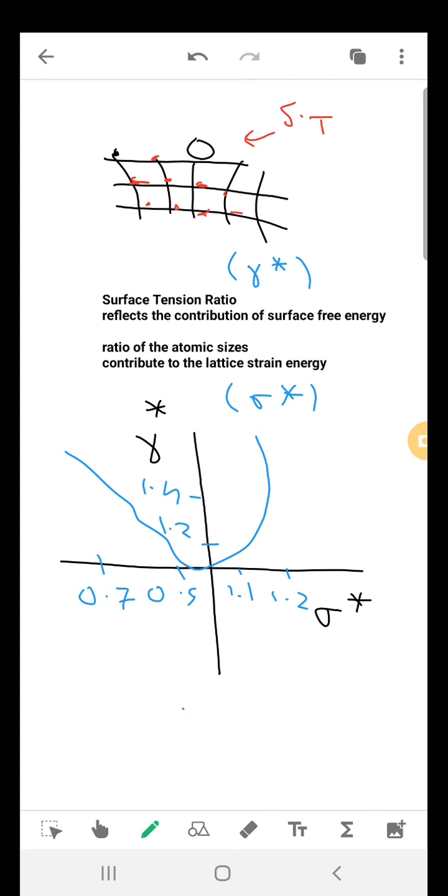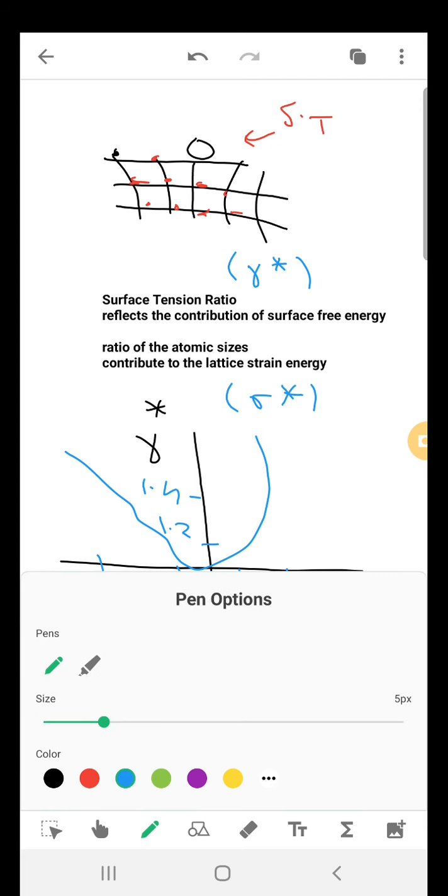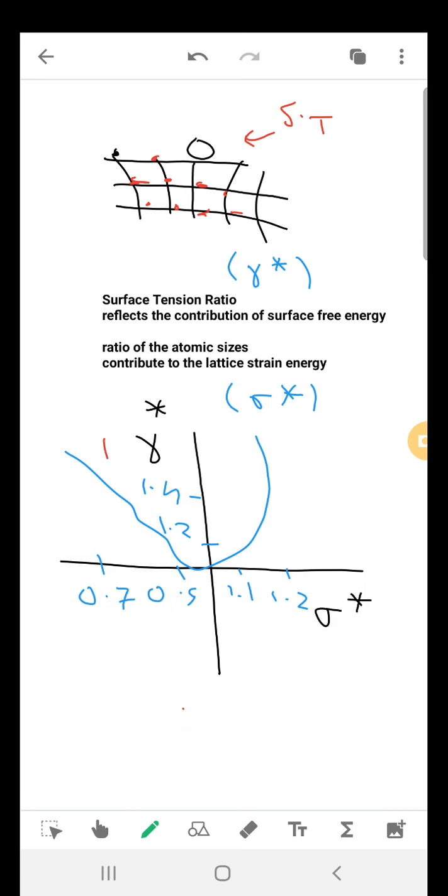So in this area, there are four quadrants here: quadrant 1, quadrant 2, quadrant 3, and quadrant 4. In this quadrant the concentration is low, whereas the ratio of atomic sizes is high.